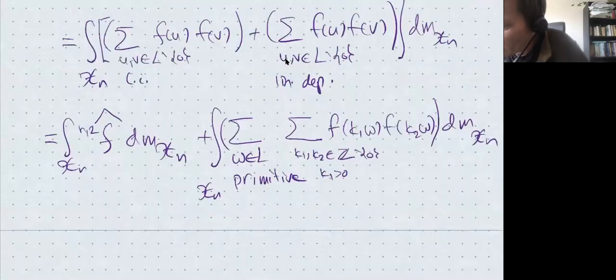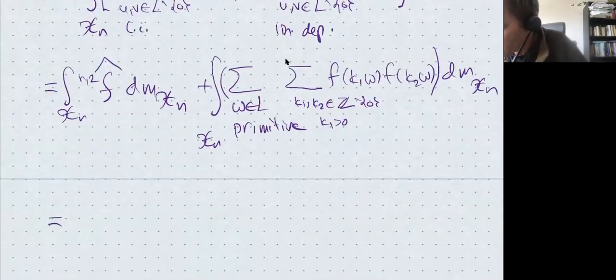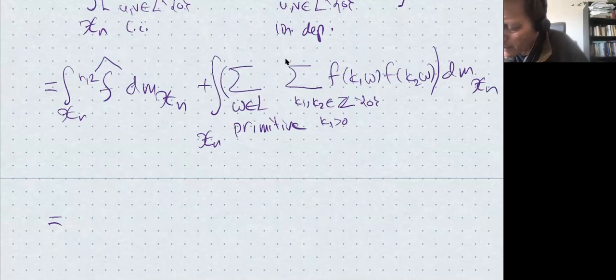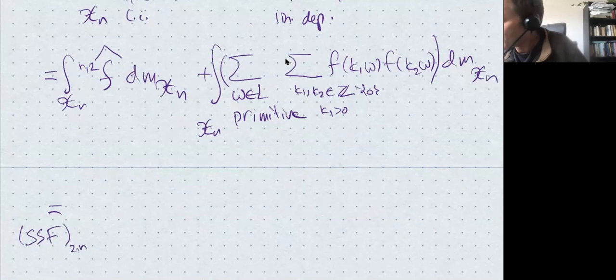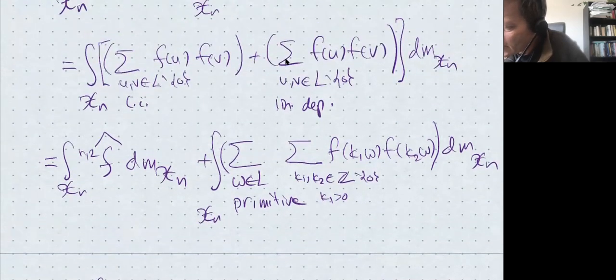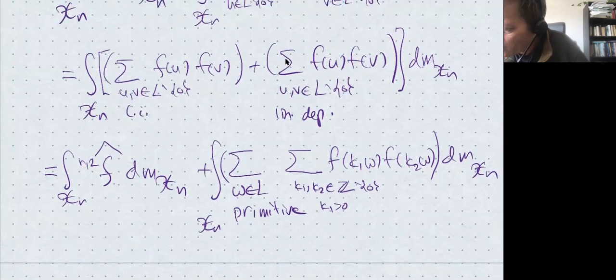Okay, so now I'm going to treat these two terms separately. The first term in this sum, by the Siegel summation formula whose proof we sketched before, the Siegel summation formula for 2n, is the integral of, I'm sorry, this says f, and it should say f1.